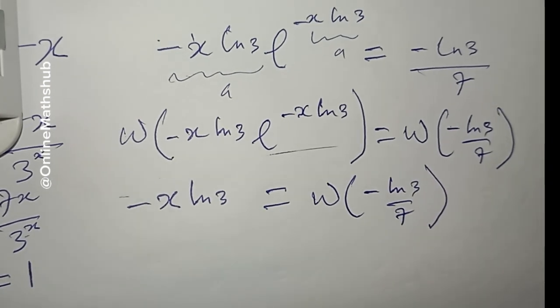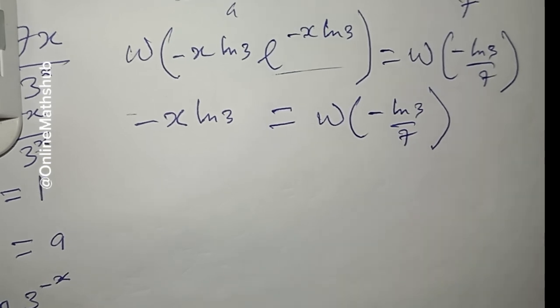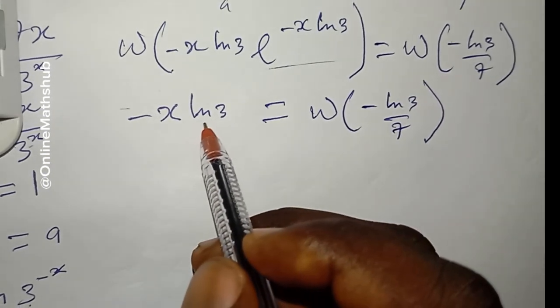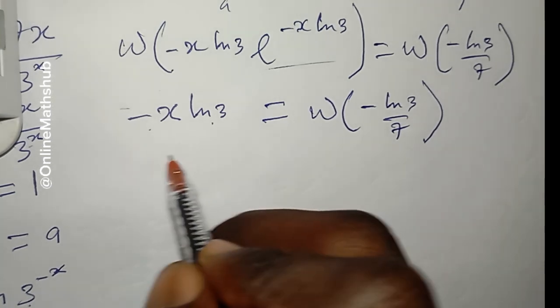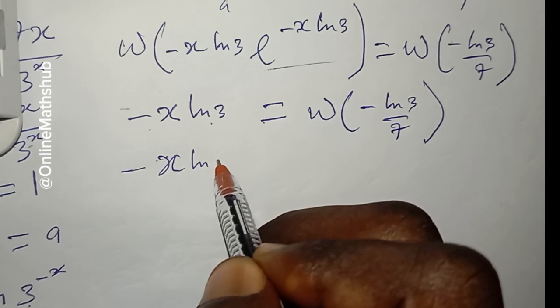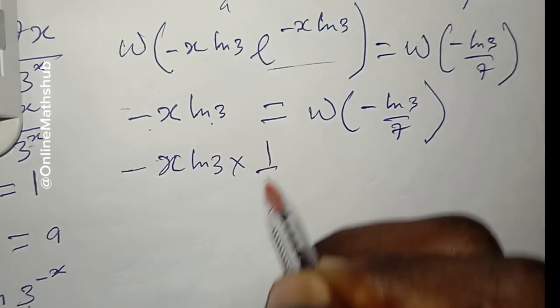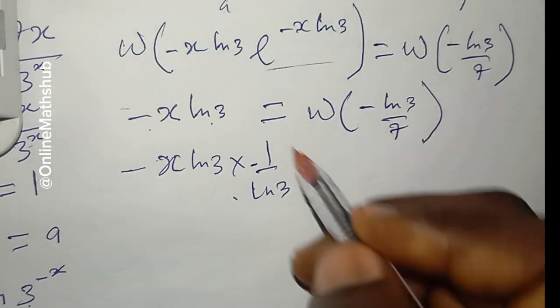At this point I'm going to go ahead and divide through by this minus natural log of 3. So we can multiply both sides by negative 1 over natural log of 3.